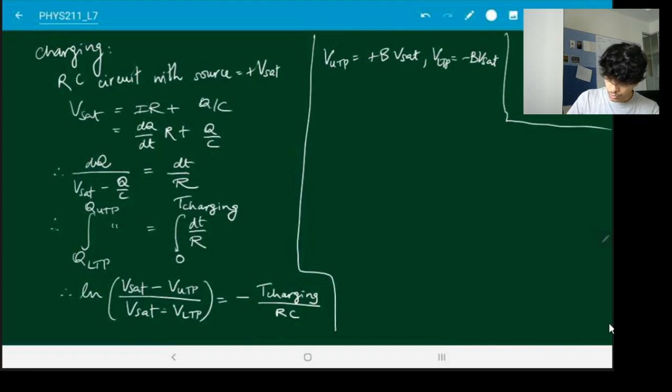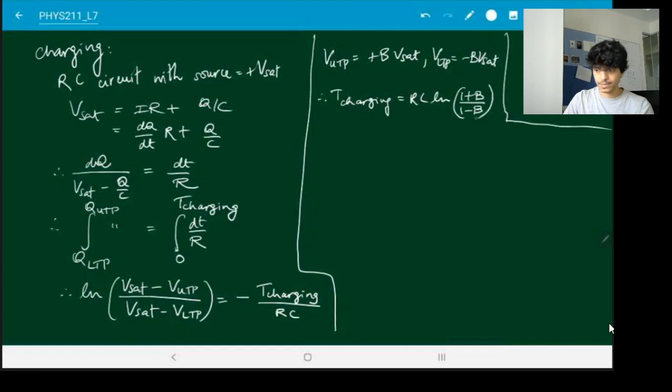So if you put those over here, you get T charging is just RC log 1 plus B over 1 minus B. So this is the equation which tells you how much time your capacitor takes to charge.